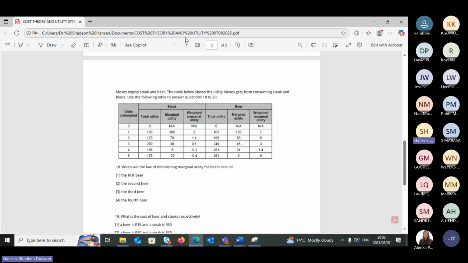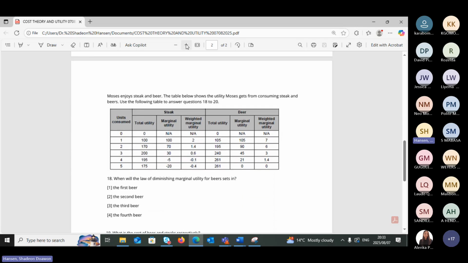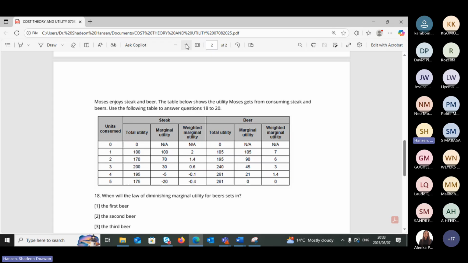Let's zoom in a bit. It's an MCQ question, but the question is based on this table over here. As you can see, you don't have to do any calculation. Everything is calculated: the total utility, the marginal utilities, and the weighted marginal utilities, and the same for beer, because Moses enjoys steak and beer. Now, this is consumer theory.